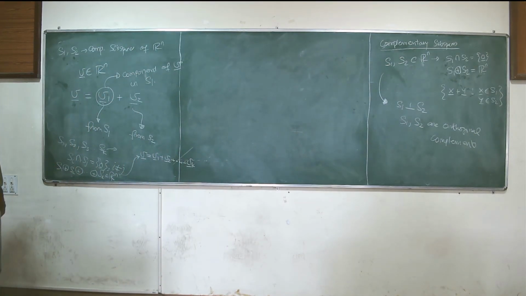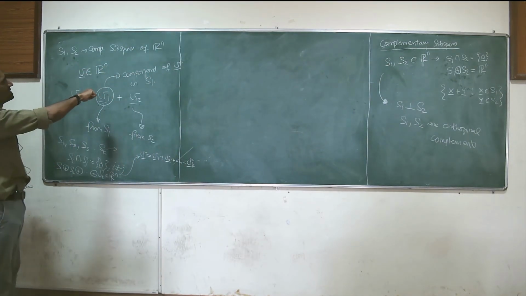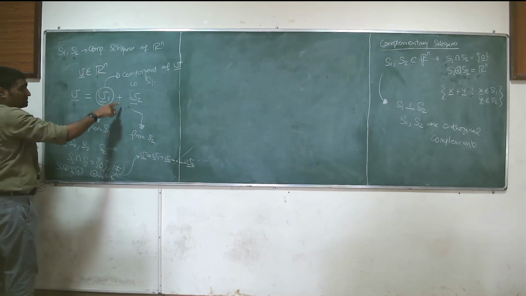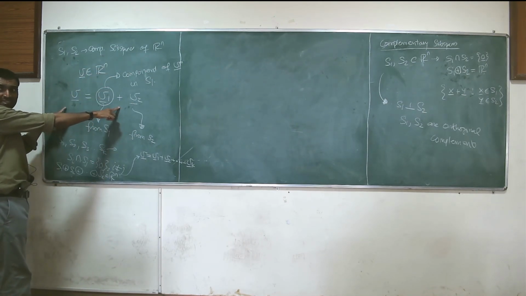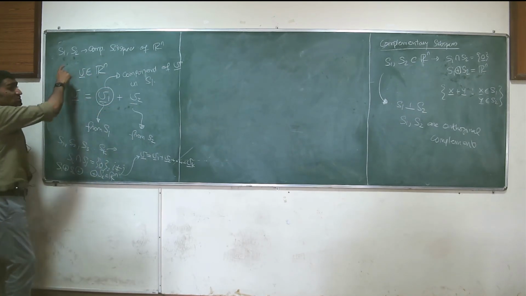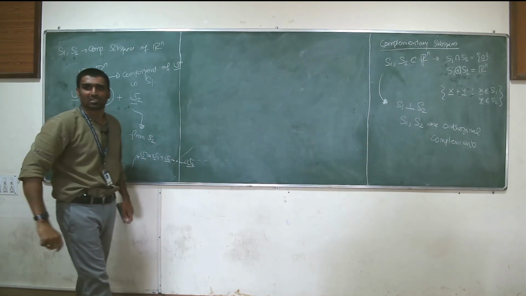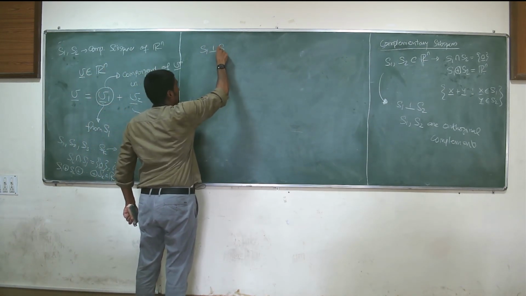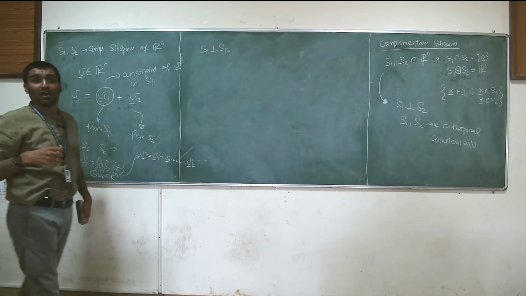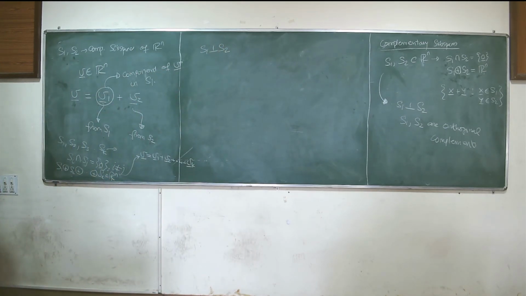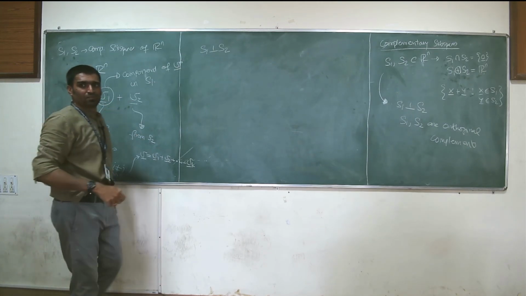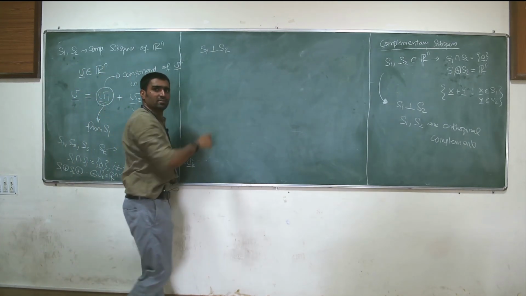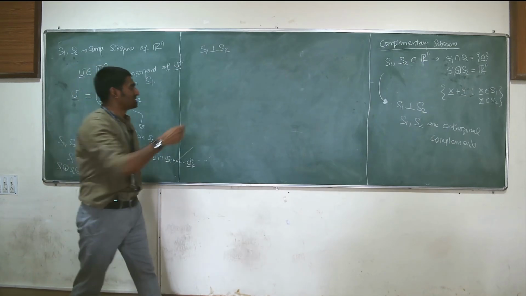Just one last item about this. If you have complementary subspaces, then you can write it like this uniquely. What happens if S1 and S2 are orthogonal complements? They're not just complementary subspaces. S1 is orthogonal to S2 and they span Rn. If that is the case, what can you say about v1 and v2? Yes.